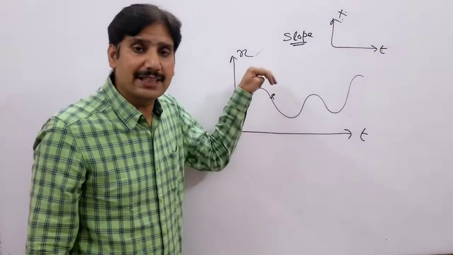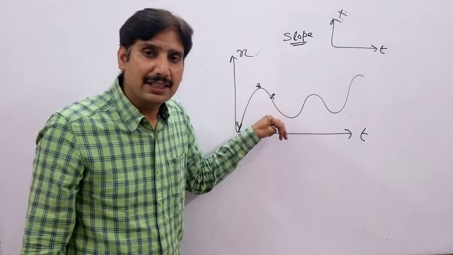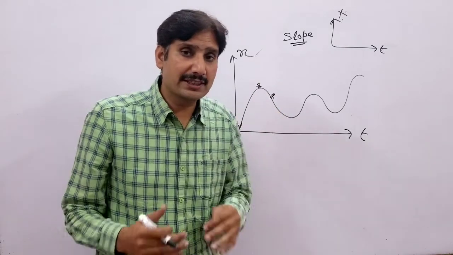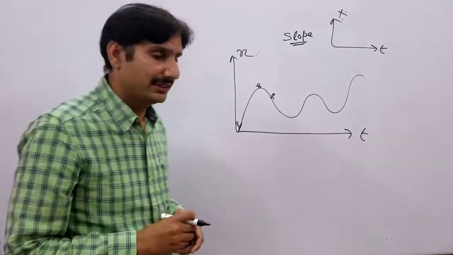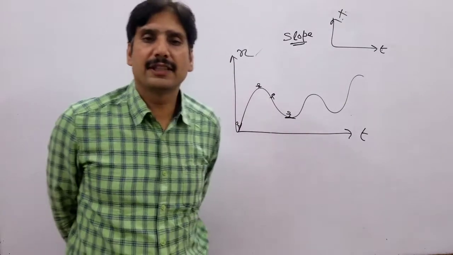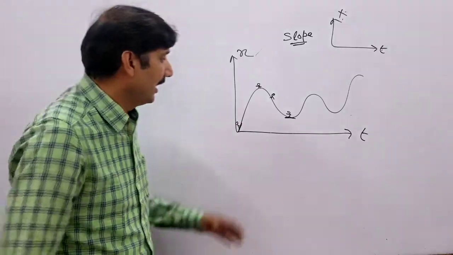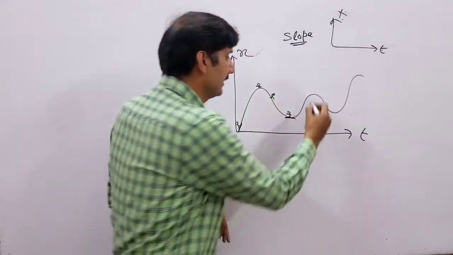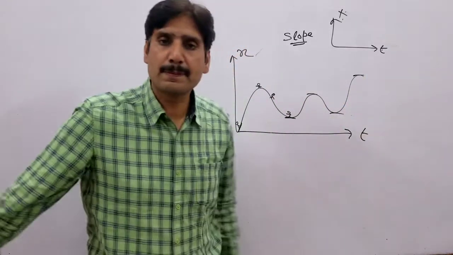That means the body has started moving in the opposite direction. Its velocity is going down now. And at this point, the curve is again flat. The velocity is again zero, and it again increases and becomes zero, and so on.